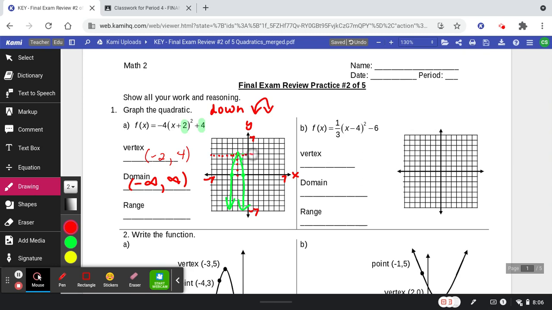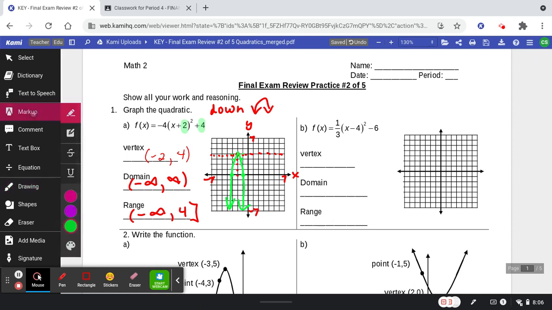Do you see how it doesn't go past a 4? But it goes forever down. So we're going to say that the range goes from negative infinity up to 4 inclusive, and it stops right there at the 4. But since it goes forever down, we say negative infinity. Okay, pause the video here and go try the next one on your own and see how far you can get or where you get stopped.